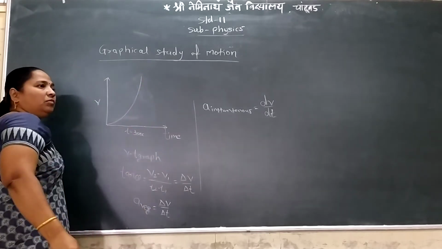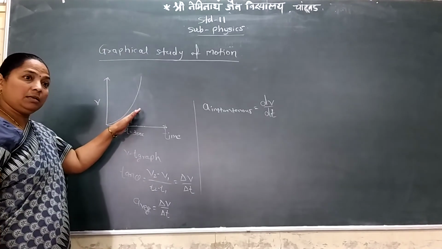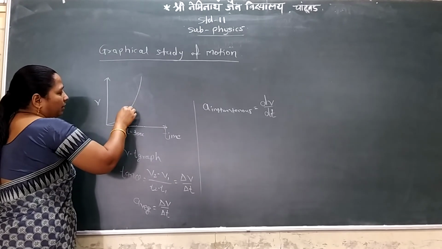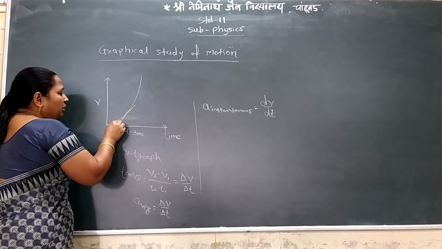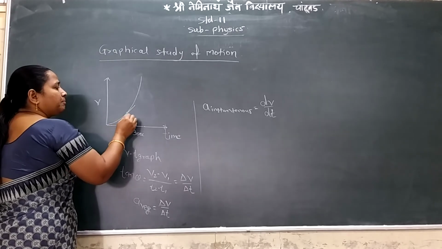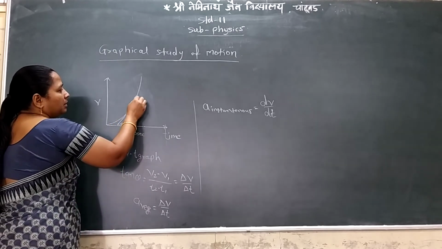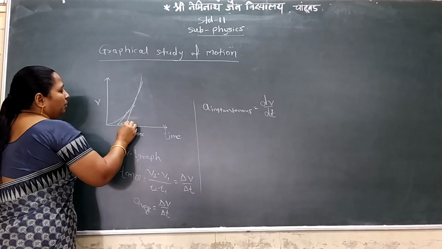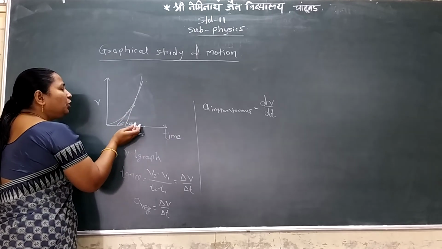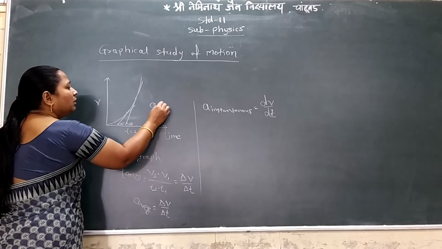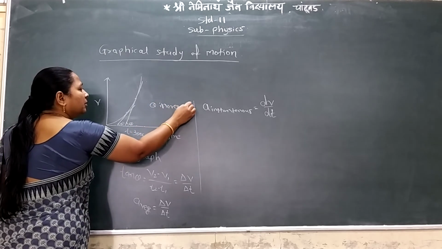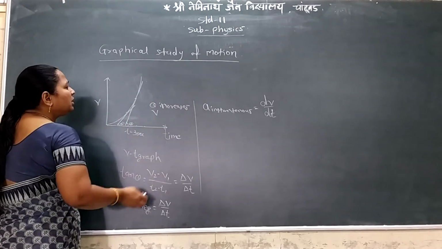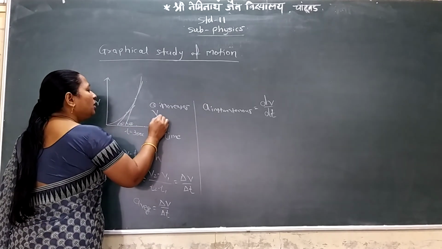Therefore, velocity increases, but the slope of that line, where at that point the tangent makes an angle theta with the horizontal axis, theta continuously goes on increasing. As theta increases, with time velocity also increases, and when velocity increases, acceleration also increases.